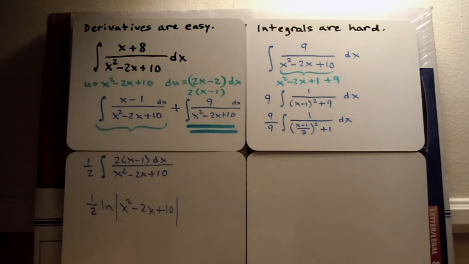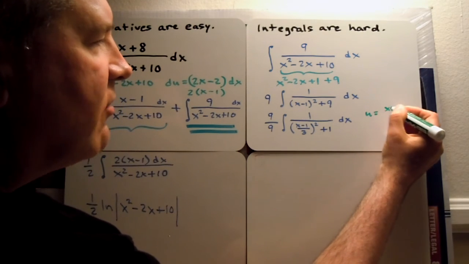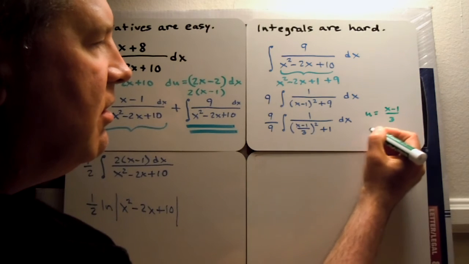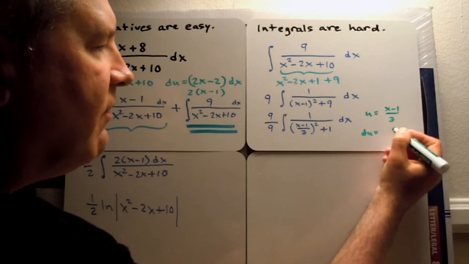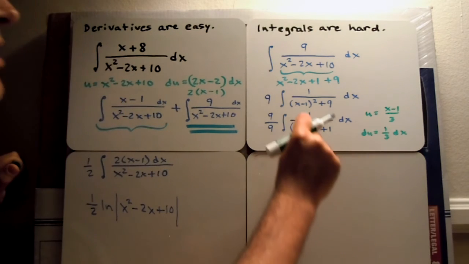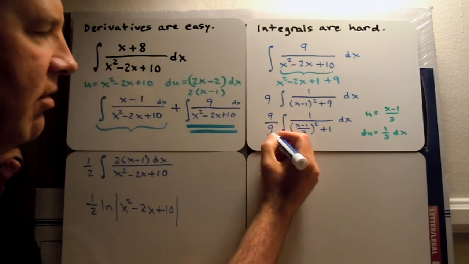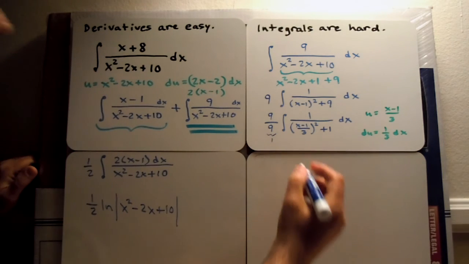Now, of course, we have to readjust it, because if u is equal to x minus 1 over 3, then the proper du would have to be 1/3 dx. We have to have the proper du also in there to complete the proper arctangent form. And note that that right there is 1.